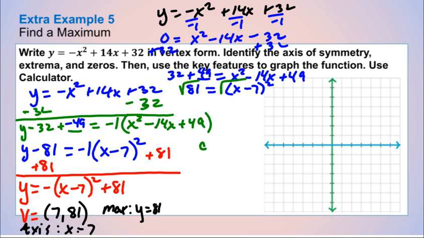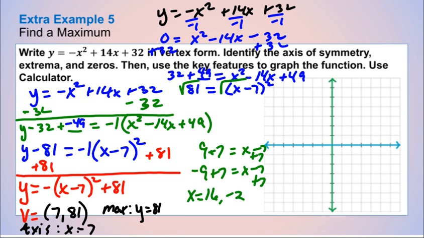So that gives me positive and negative 9. And then I have x minus 7. So I add 7 to both sides. So my zeros would be x equaling 16 and x equaling negative 2.